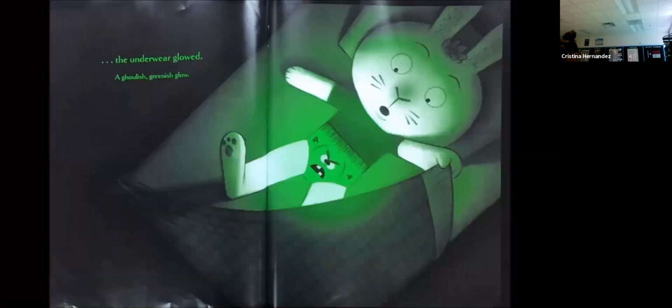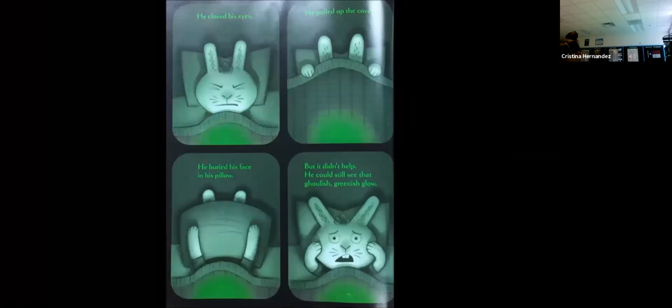The underwear glowed. A ghoulish, greenish glow. He closed his eyes. He pulled up the covers. He buried his face in his pillow. But it didn't help. He could still see that ghoulish, greenish glow.